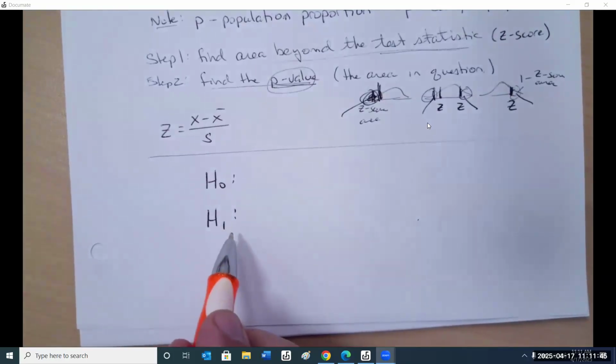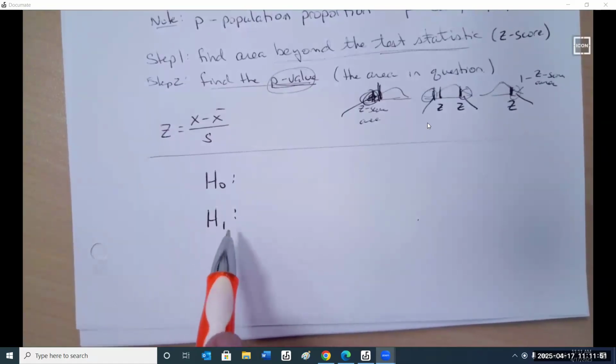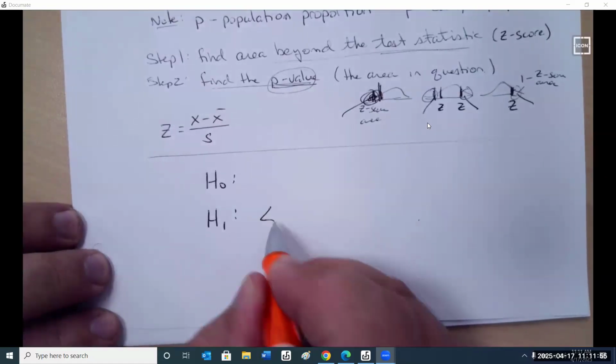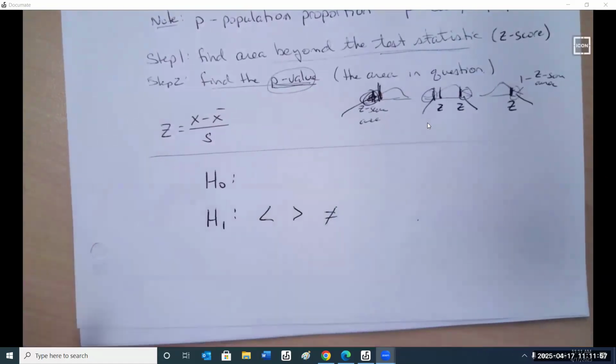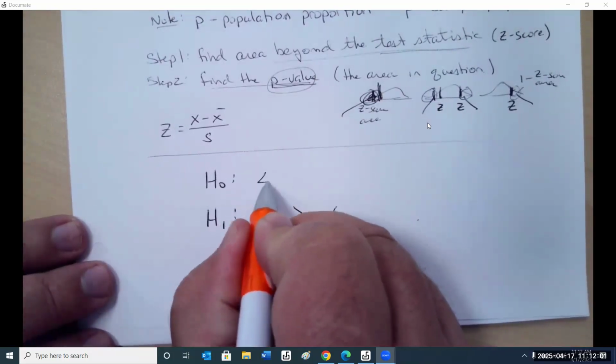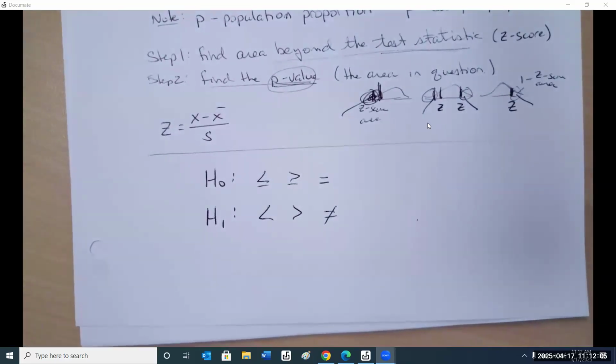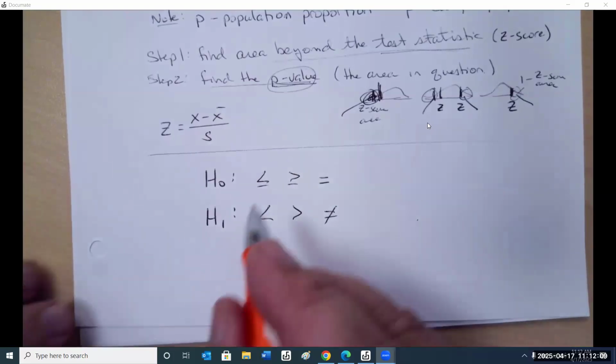What can it not have? The alternate hypothesis cannot have a what? Equal sign. So it's going to be less than, greater than, or not equal to. Which means the null hypothesis is going to be less than or equal to, greater than or equal to, or equal to. What's the difference with these?